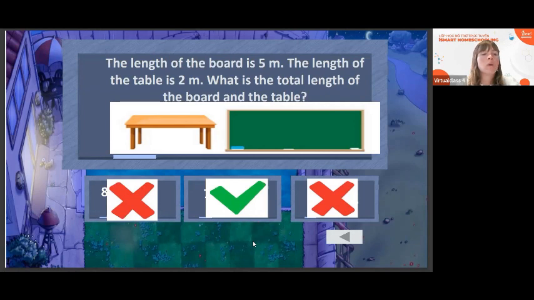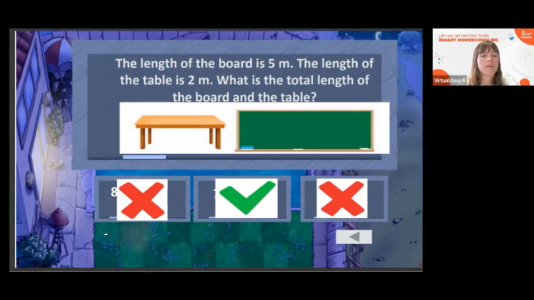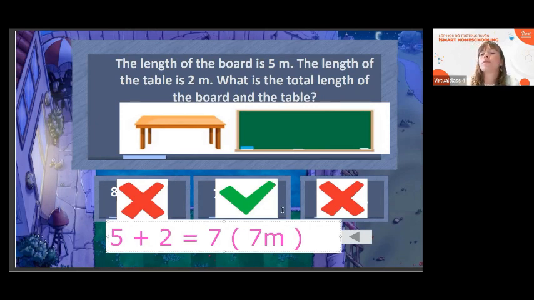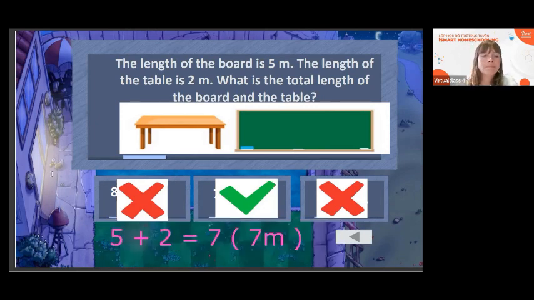Okay, so we will say 5 plus 2 equals 7. So the total is 7 meters. Awesome. All right. So let's take a look at the next one.